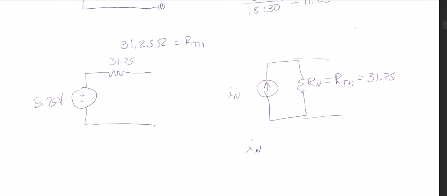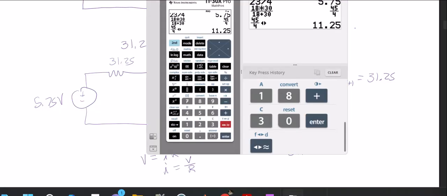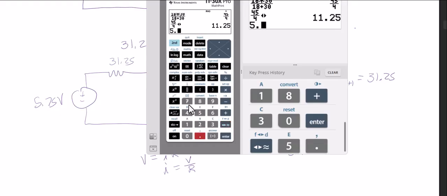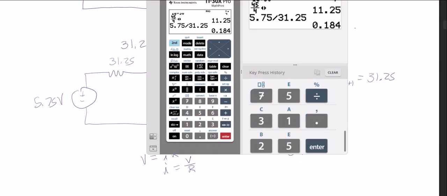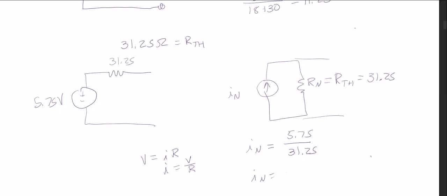And I Norton, we know that V equals IR, I equals V over R. So I Norton is 5.75 over 31.25, is 0.184 amps. So that's my Norton equivalent circuit.